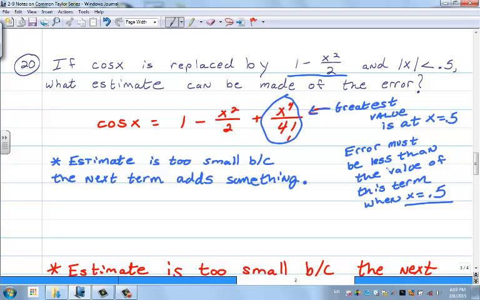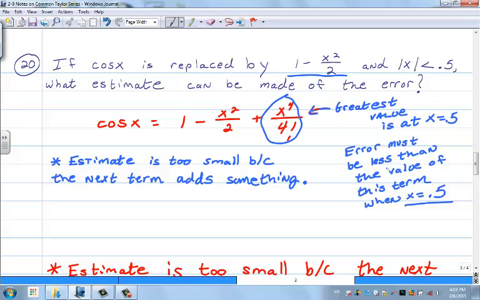It increases the value. That would be a better way of putting it. So the value is increased when we put the next term in. So that means that 1 minus x squared over 2 is an estimate that's too small.